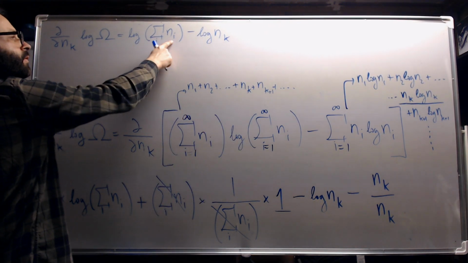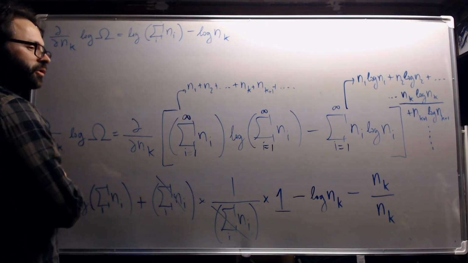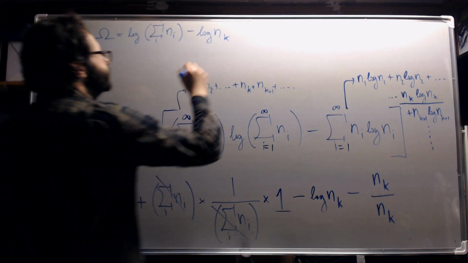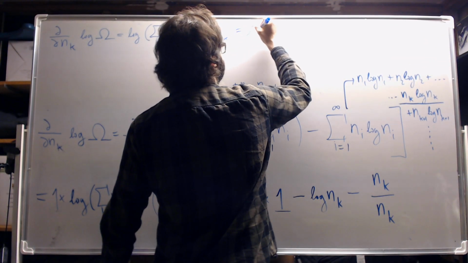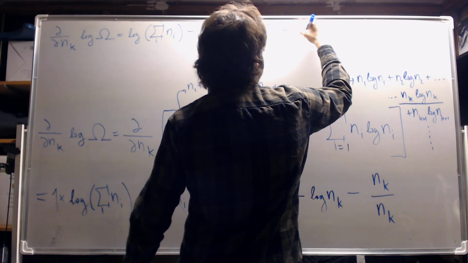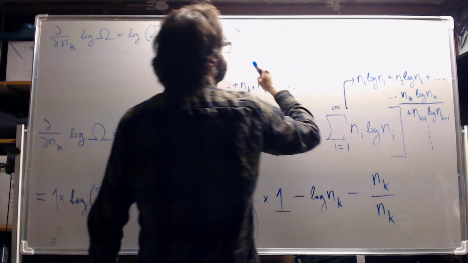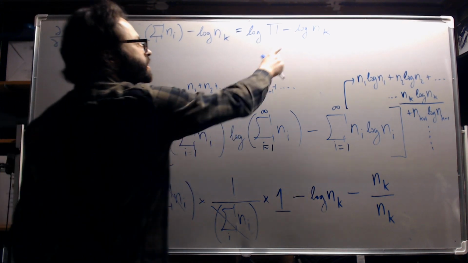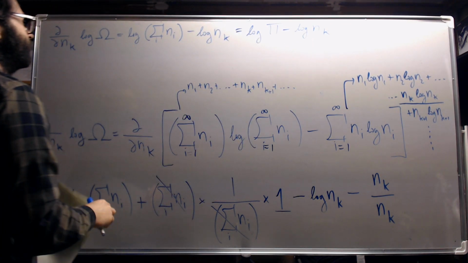Remember that the sum over n_i is the total number of systems in the ensemble. So we can also write this as log of pi minus log of n_k. Log of pi is a constant, whereas this value depends on n_k.